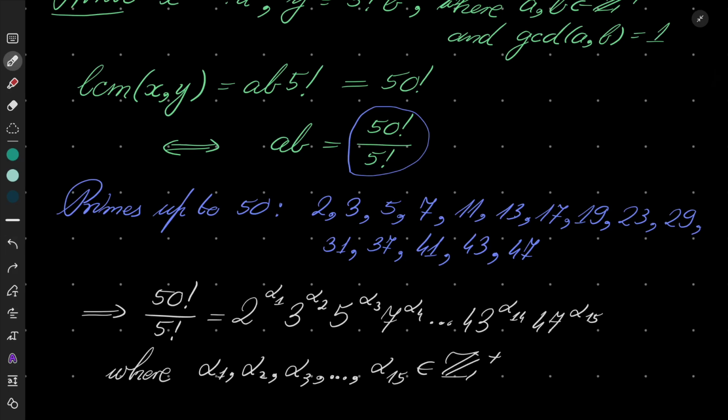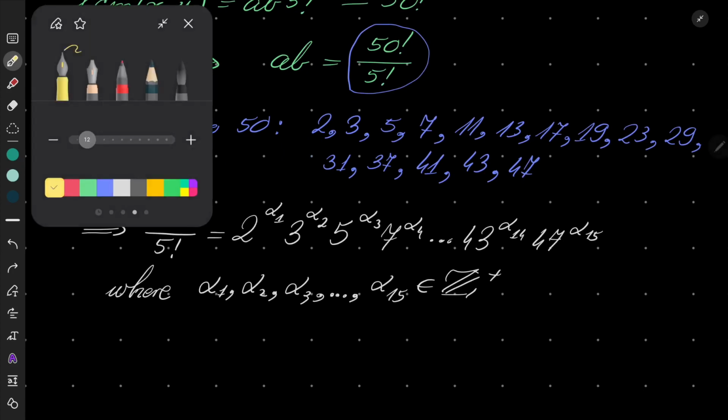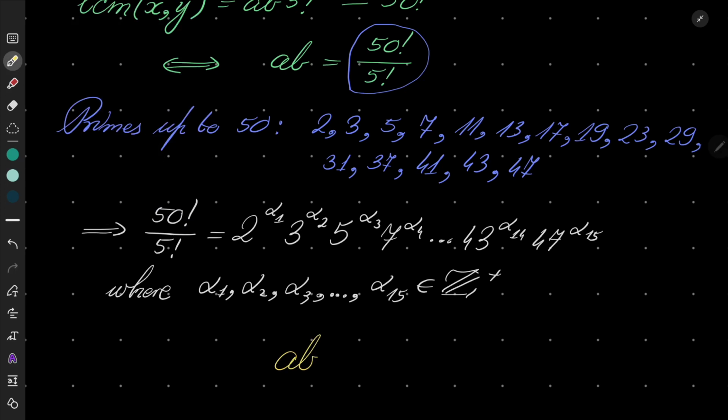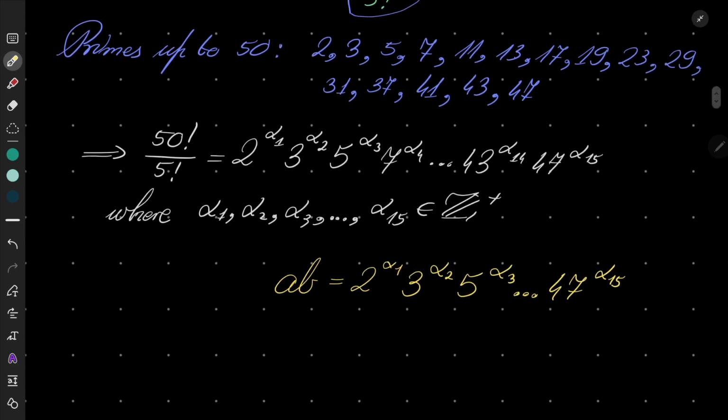And now let's think about it. A and B should be co-prime. That's crucial. How many ways are there to choose two numbers, A and B, which are co-prime, such that A times B equals this product? Well, think about it.